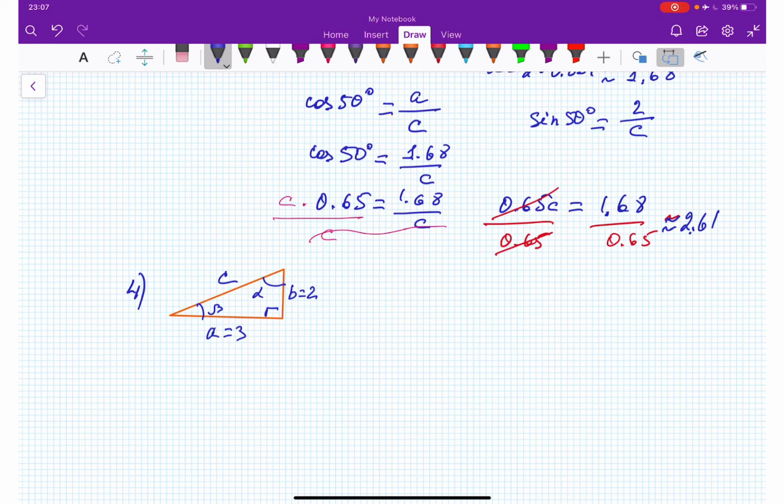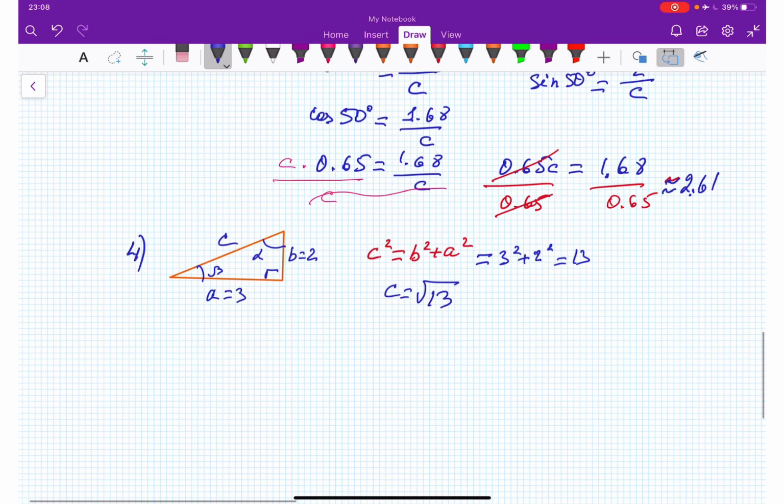For the hypotenuse, we can use the Pythagorean Theorem, which says that the square of the hypotenuse is equal to the sum of the squares of the legs, which is b squared plus a squared. So this is equal to 3 squared plus 2 squared, and we get 13. So C is equal to the square root of 13. Now we have all 3 sides.